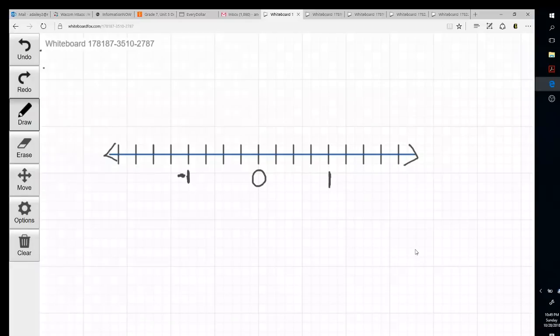Okay, so if this is 0 and this is 1, and there's 4 spaces between them, then that means that each space is a fourth, right? 1/4, 2/4, 3/4. 1 is actually 4/4, right?